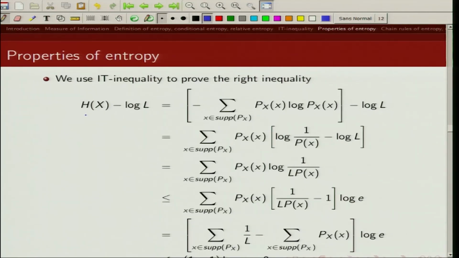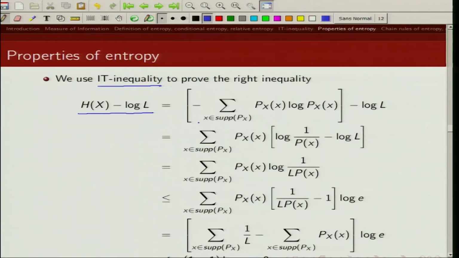We have to show that H(X) is less than or equal to log of L. In other words, if we can show that this quantity H(X) minus log of L is less than or equal to 0, then we would have shown that H(X) is less than or equal to log of L. And to prove this result, we are going to make use of the IT inequality, which we just proved, that log of r is less than or equal to r minus 1 whole multiplied by log of e. So let's look at the proof.